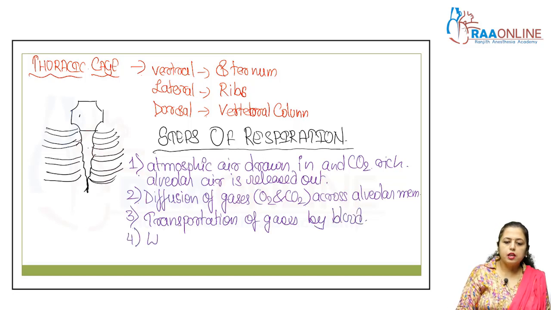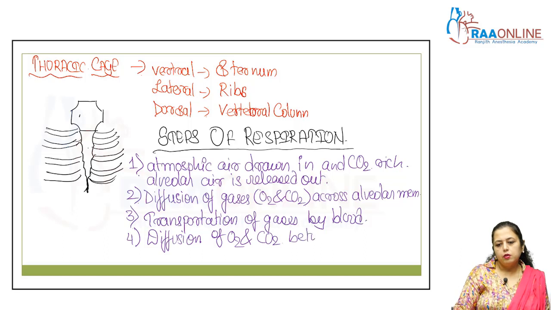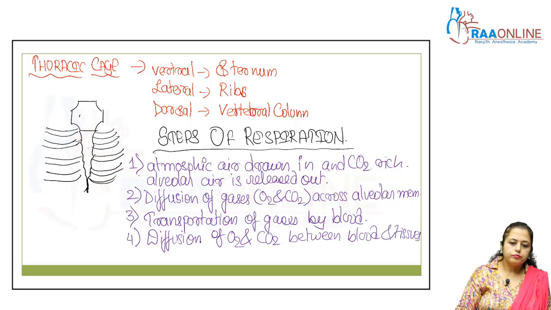Fourth, after the transportation, is the diffusion of oxygen and carbon dioxide between the blood and the tissues, right?